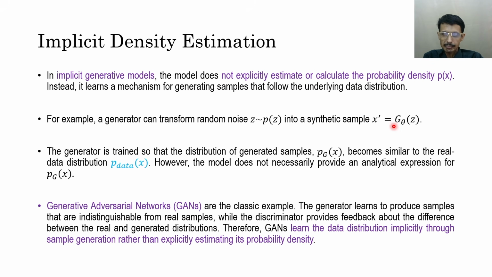It generates samples, that is x-bar, from a latent space, which for example is random noise. Now, this generator is trained so that the distribution of generated samples, P_g of x, becomes similar to the real data distribution.